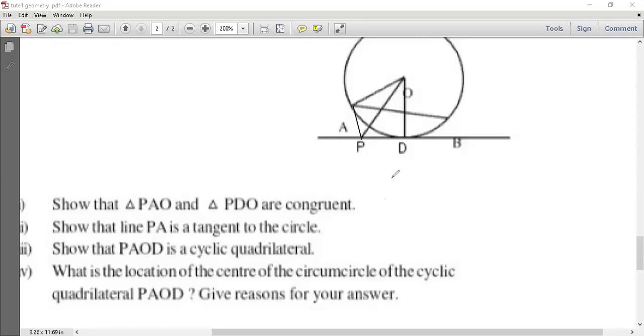So angle PDO should be equal to angle OAP, which equals 90.